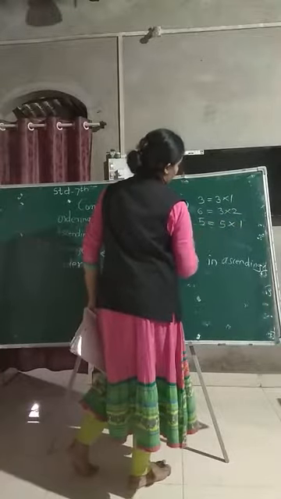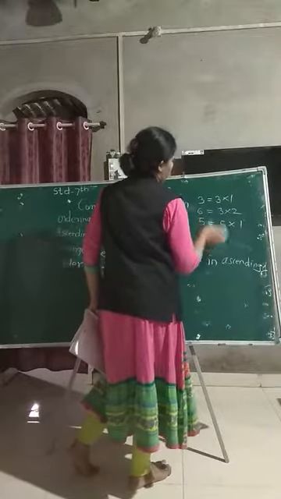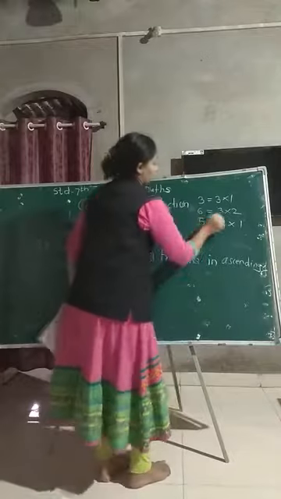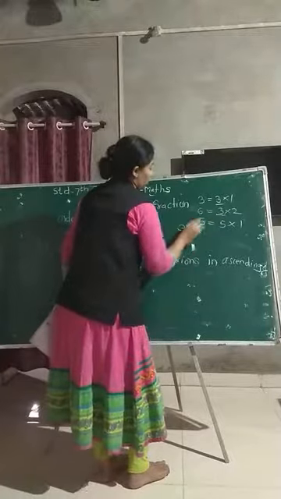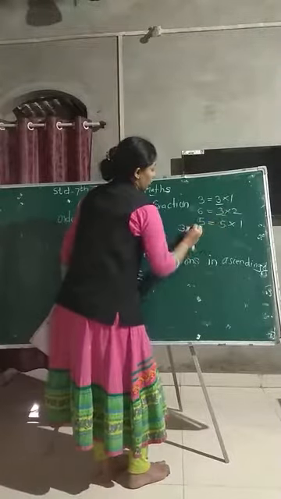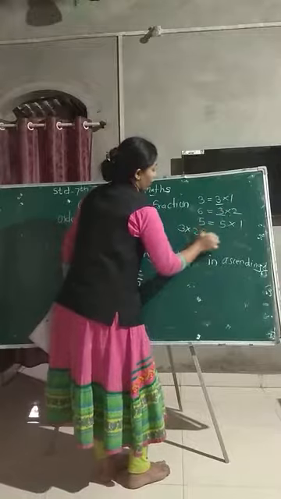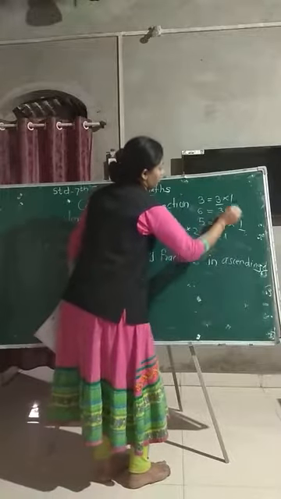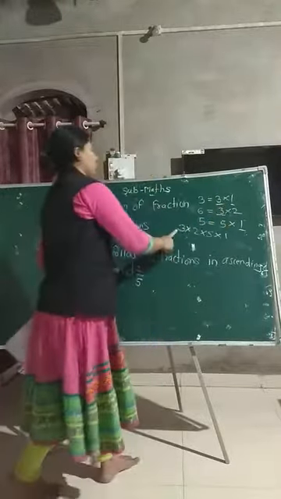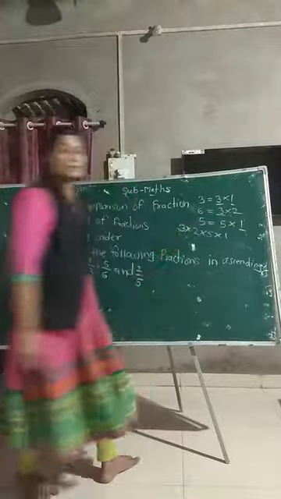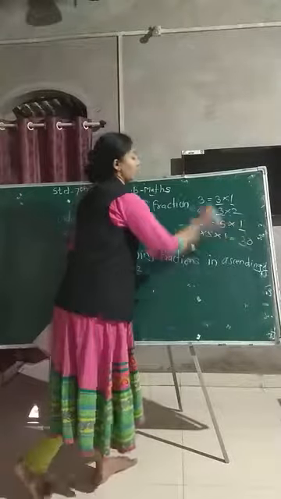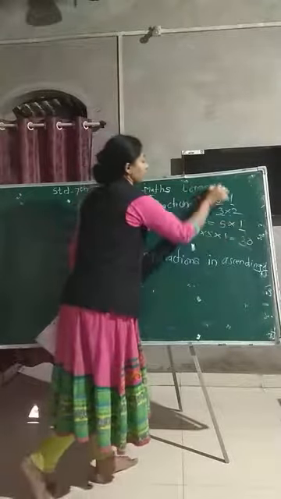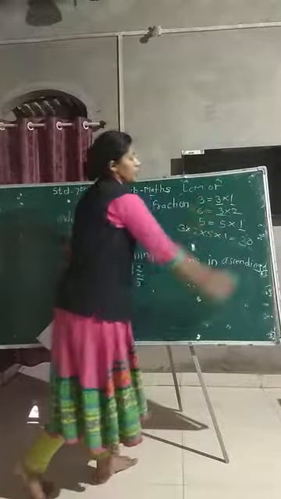Take the common factor 3 once, and the uncommon ones, 2 and 5. So 3 2s are 6 and 6 5s are 30. So the LCM of 3, 6, 5 is 30.